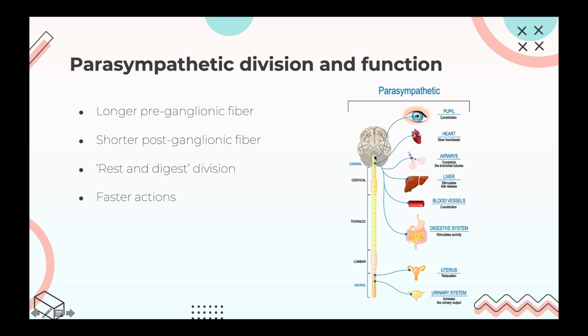So the parasympathetic system actually has these very long myelinated fibers, which means they get very, very fast from here to here, and then they go very slowly, but only for a small part, which means that the actions by the parasympathetic division are faster. That's something important to know, because that might come back on an exam question, if you were to do your board exam in internal medicine, for example.